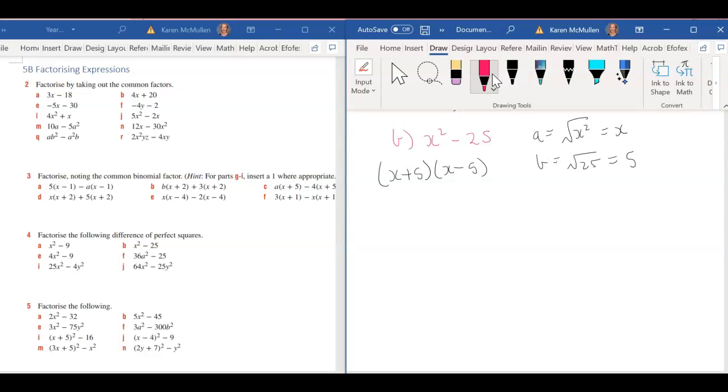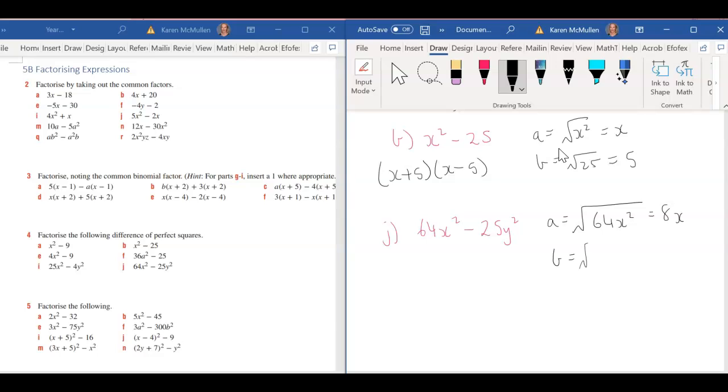Which question are we doing? Question 4. Let me just check the other ones. Oh, let's do J. 64x squared minus 25y squared. a is the square root of the first term, 64x squared. The square root of 64 is 8, and the square root of x squared is x.